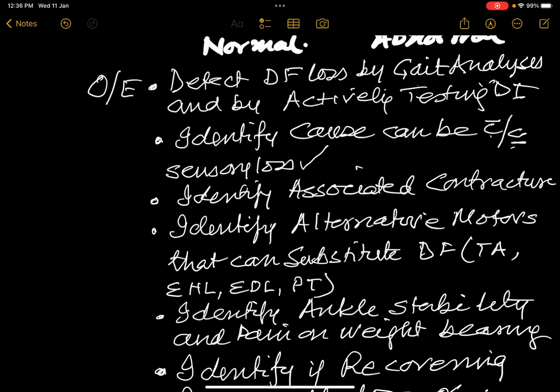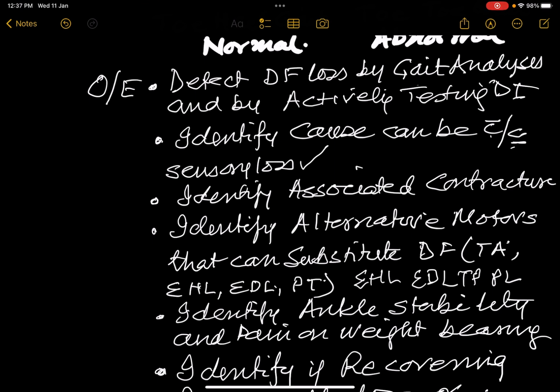The dorsiflexors which are paralyzed are tibialis anterior, extensor hallucis longus, extensor digitorum longus, and peroneus tertius. And the alternative muscles that can be transferred are EHL, EDL, tibialis posterior, peroneus longus. So these can be transferred.